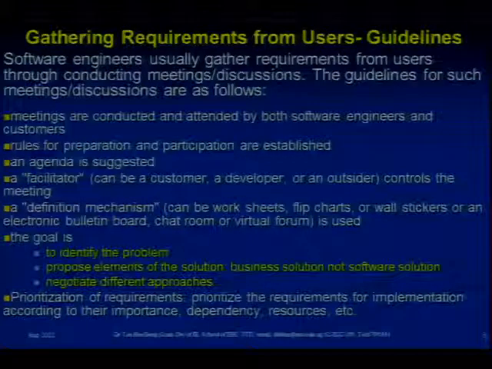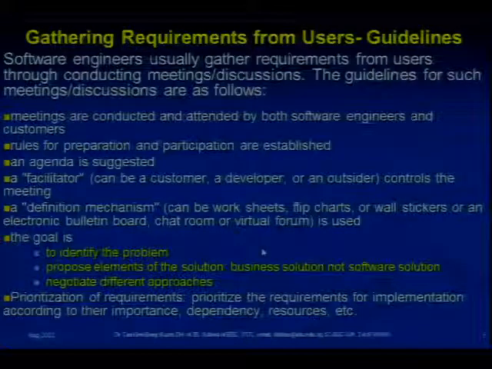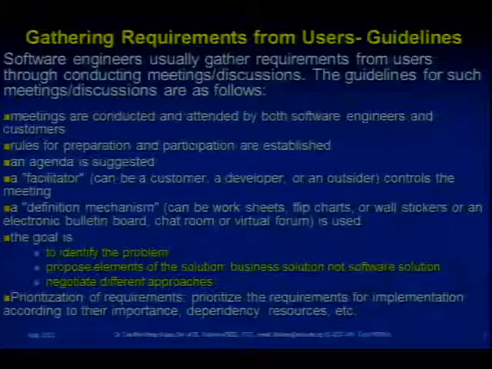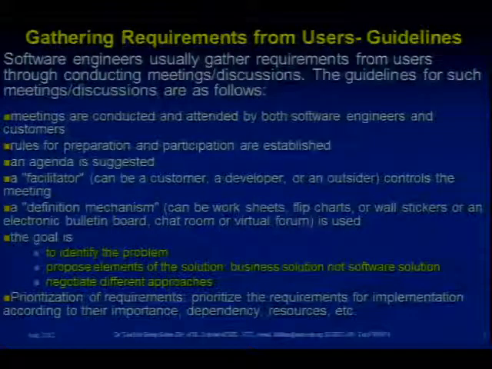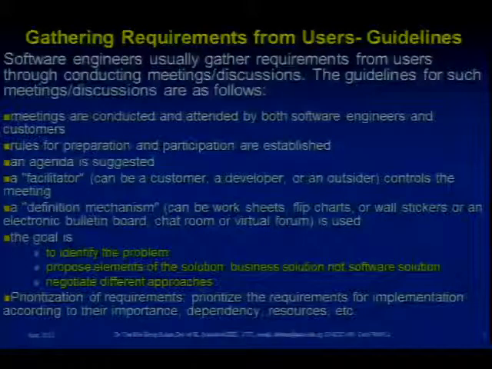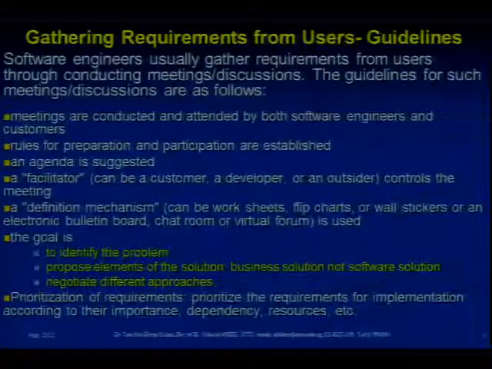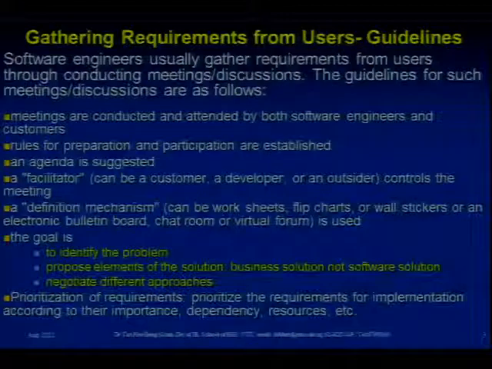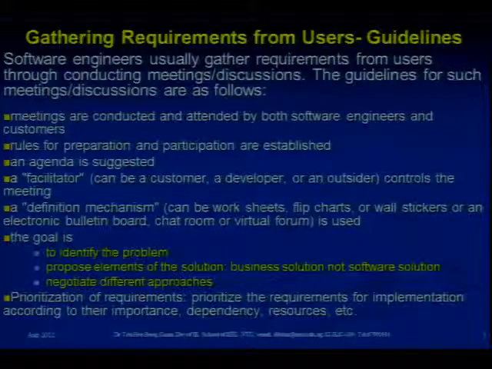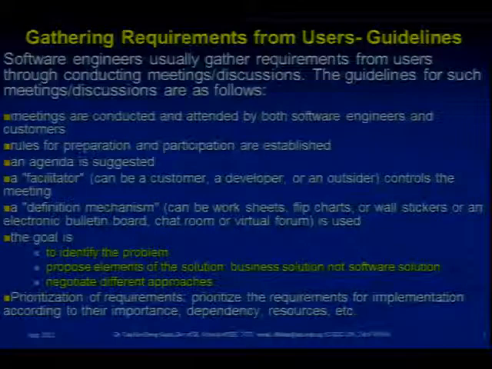And when you propose a solution, we must propose alternatives. We cannot just straight away fall back to one solution. We have to look at the various alternatives and evaluate them to see which one is more suitable. We should not straight away jump to one solution. So these are the guidelines in terms of gathering requirements.